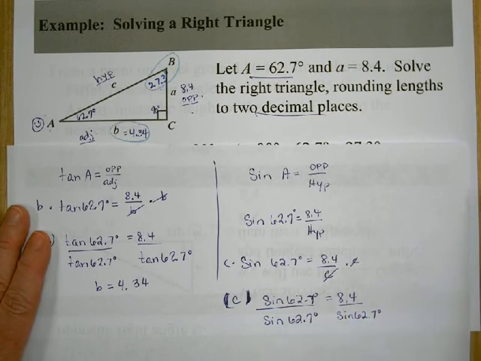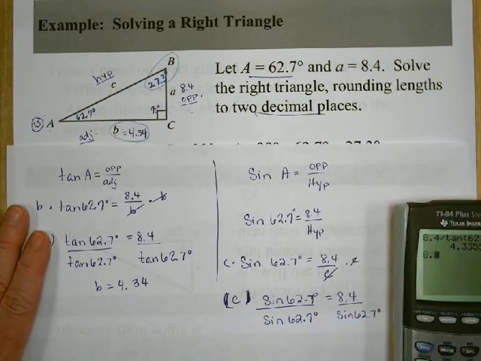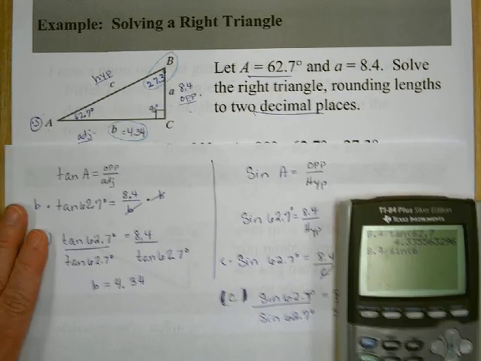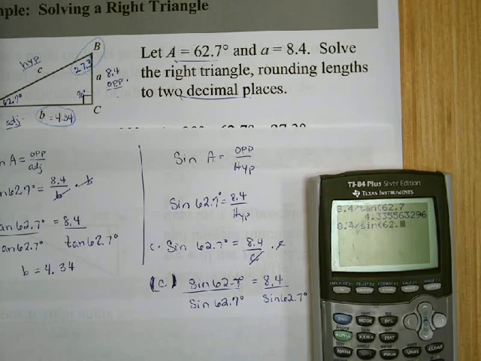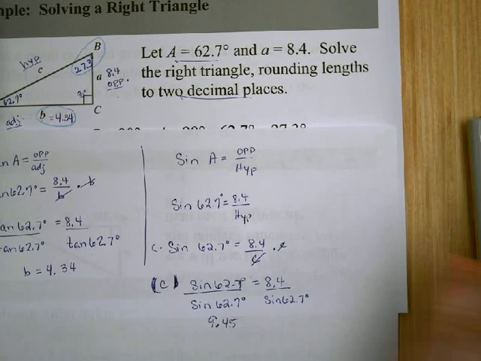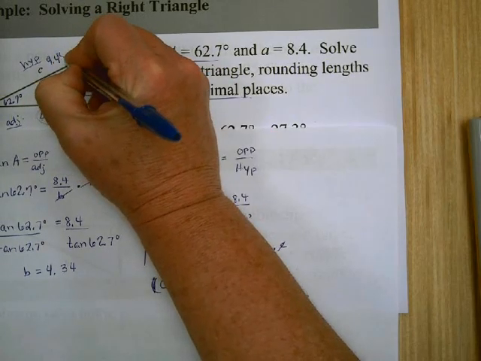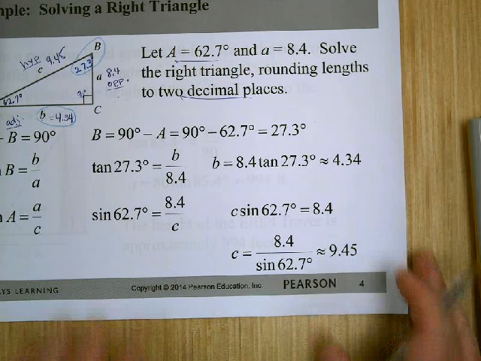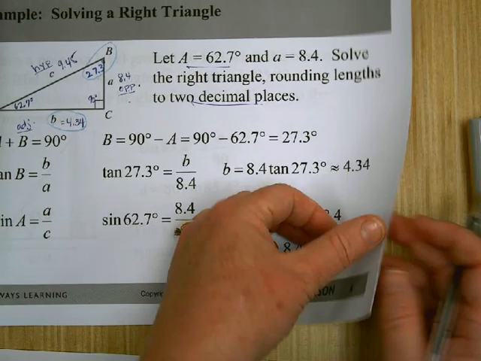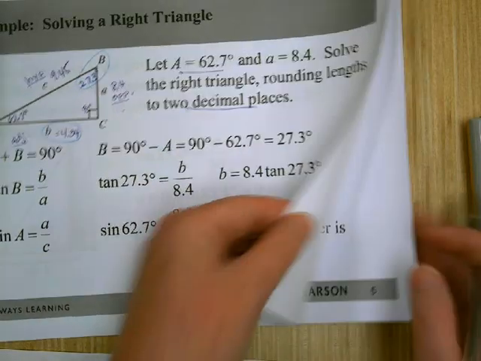That gives me 8.4 divided by the sine of 62.7, 9.45 for c. Any questions on that? Okay, moving right along.